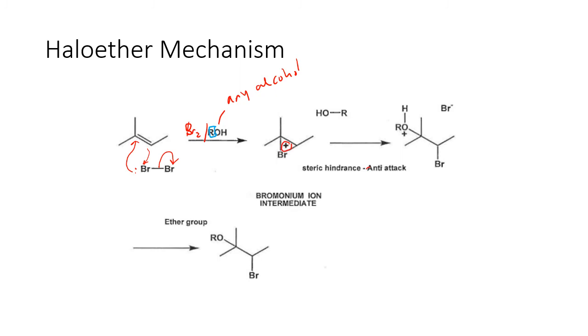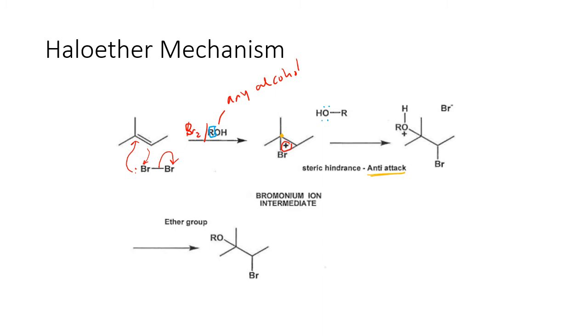The more substituted side is the site of the most positive charge that will be attacked through anti-attack, opposite face, of our competing nucleophile. Our competing nucleophile in this case is an alcohol, so ROH. It's the oxygen that does the attacking because oxygen is more electronegative than carbon or hydrogen.